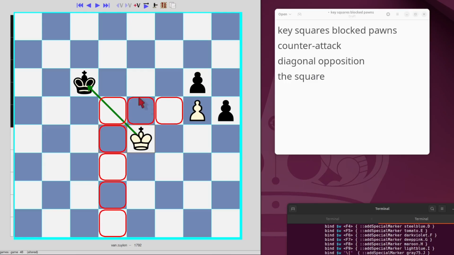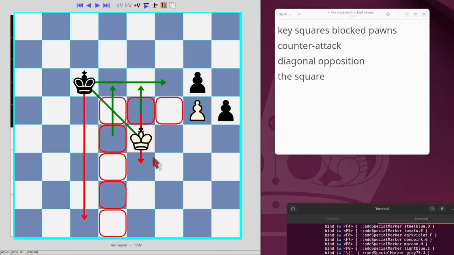Because what happens if black decides to go along this line, then white will be able to block like that. And if black decides to go down this line, then white will be able to block like that, taking the opposition. So that's what the diagonal opposition enables white to do. Because he has diagonal opposition, he can keep black out of that rectangle. That's all he needs to do.